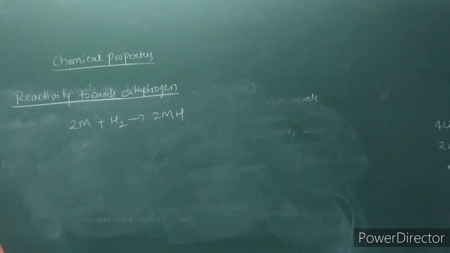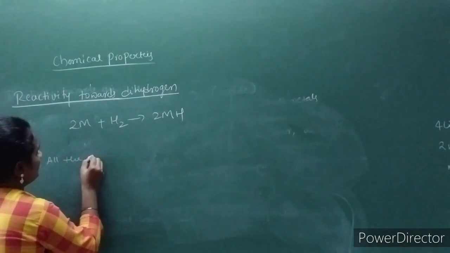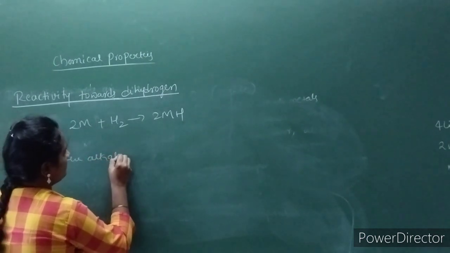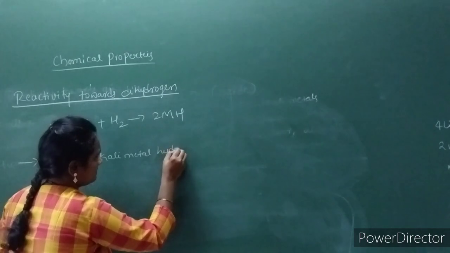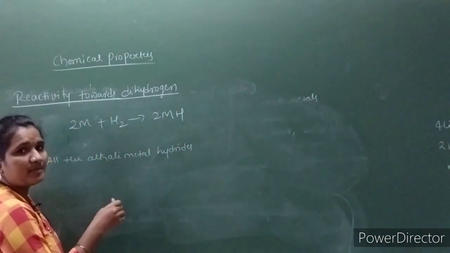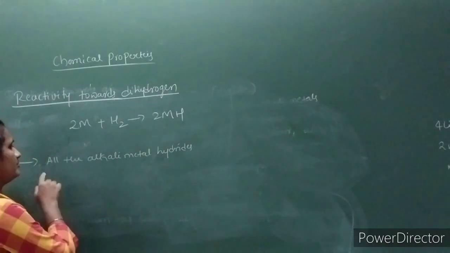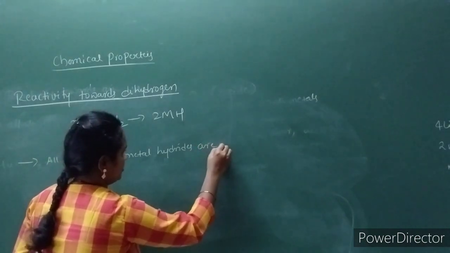All the alkali metal hydrides are ionic in nature, and they have high melting point and high boiling point.